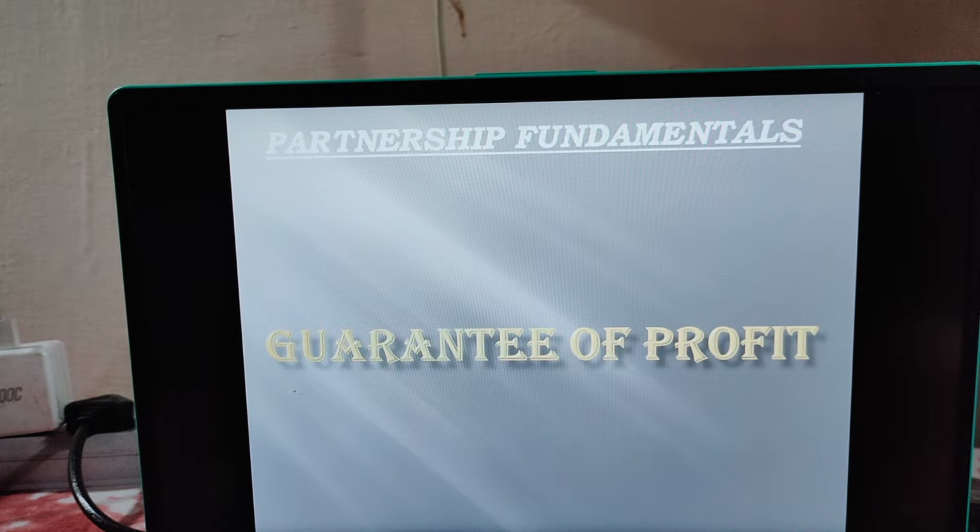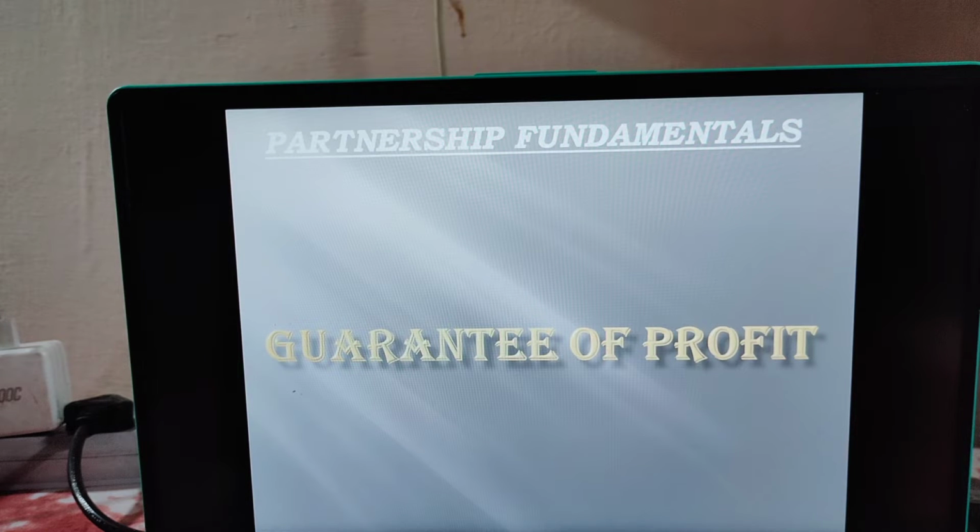This is a guarantee to C by B. Now what happens if, during the finalization of accounts, the firm finds that C is getting only 80,000 rupees, that is, he has a deficit of 20,000 rupees? Then that 20,000 rupees deficit is to be borne by B, because B has given the guarantee here.